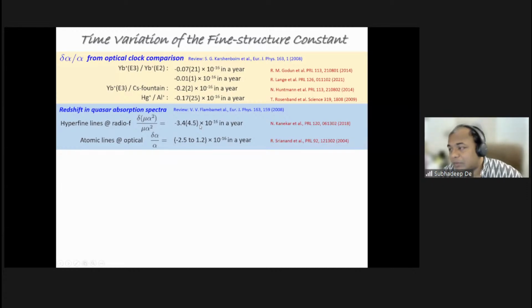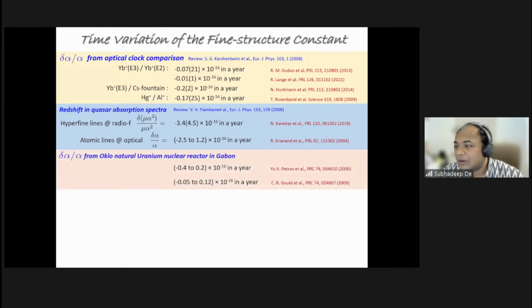In hyperfine spectra one cannot distinguish mu, the electron to proton mass ratio, from alpha. They are a conjugate quantity together, and the predicted value is also on the order of 10 to the power minus 16 per year. When I say predicted value, I mean upper bound: the sensitivity of the experiment, not actual variations of alpha.